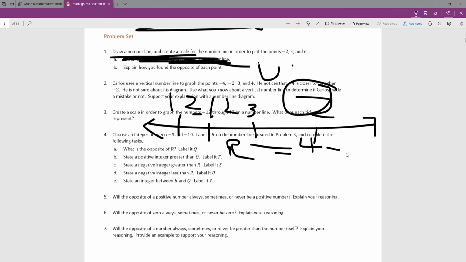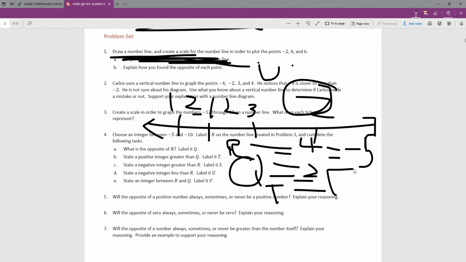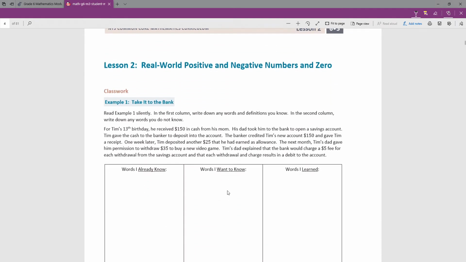Opposite of 4 is -5. As you can see right there. Now state a positive integer greater than Q. Q equals 2. T equals F. Let's just skip this one. That one's a bit too hard.